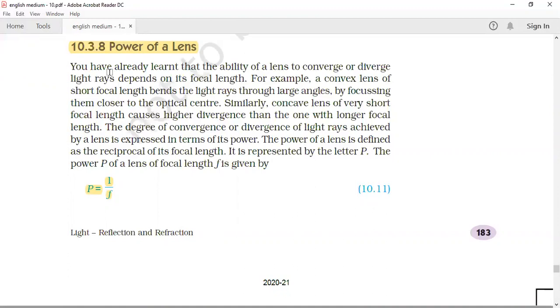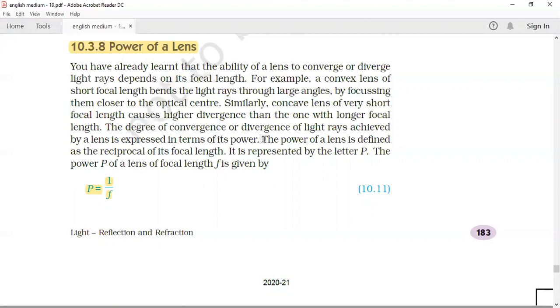Similarly, a concave lens of very short focal length causes higher divergence than one with longer focal length.